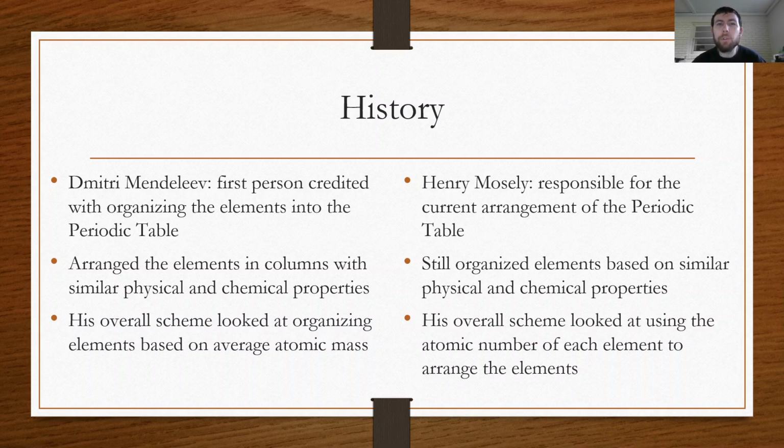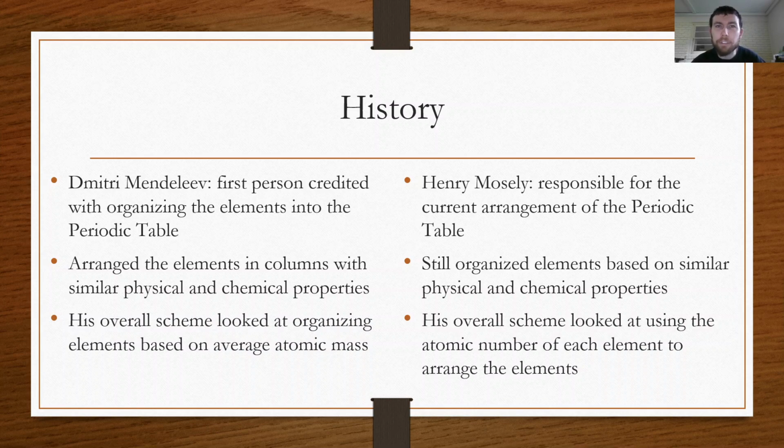Okay, and when you look at his original periodic table, one of the things that you notice is that he arranged the elements in columns, right? So think about a column, that's something that's moving up and down. He arranged the elements in columns based on similar physical and chemical properties of those particular elements, right? And so remember, if you're not familiar, go back and look at physical and chemical properties.